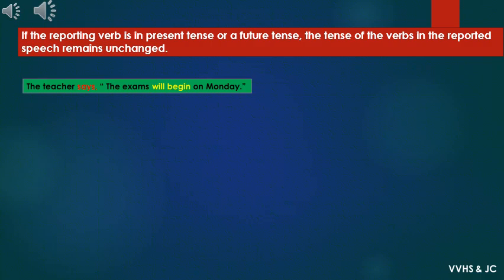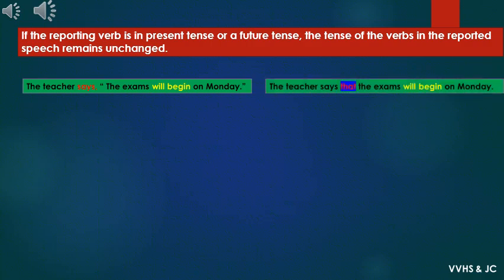And it is in simple present. So, the reported speech or the indirect speech will be, the teacher says that the exams will begin on Monday. You just connect that and the sentence remains unchanged because the reporting verb is in simple present tense.